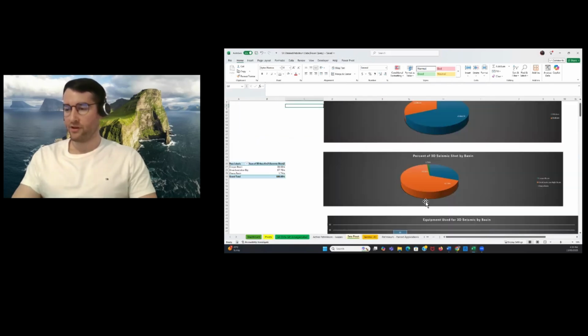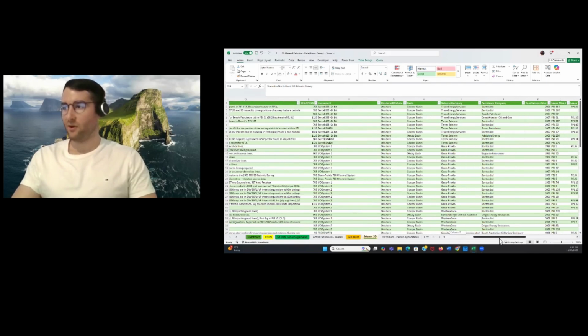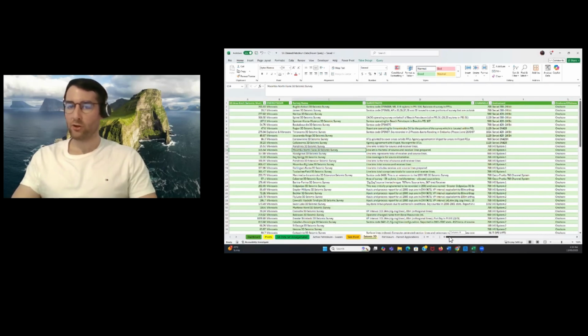Now, I've also got a second workbook here, which is all the same data that's been cleaned up with Power Query. Okay, so this is what the data looks like after I've cleaned it all up in Power Query. It's a lot cleaner, a lot easier to read, and a lot more ready for modeling.